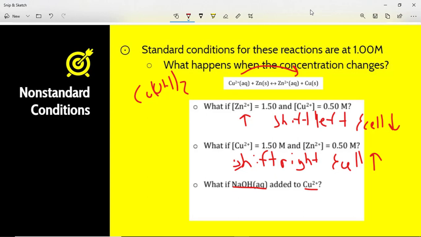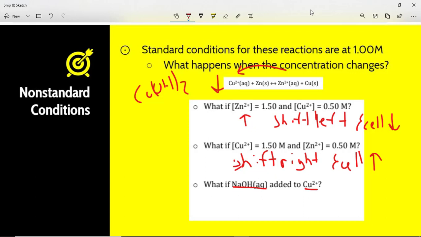Because remember, weak bases do not completely dissociate, so they are going to react to form the base itself. So copper ion concentration goes down. And if copper ion concentration goes down, then equilibrium shifts to the left. Okay, just like the stuff we've been talking about with changes in equilibrium.